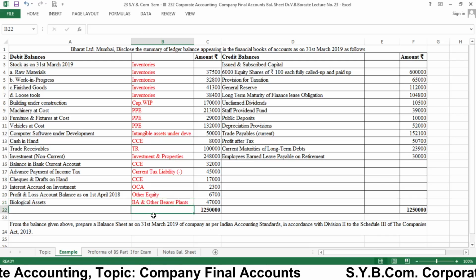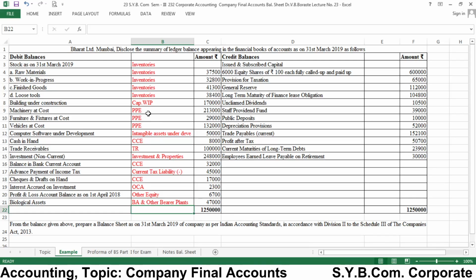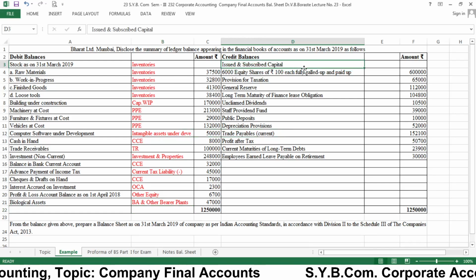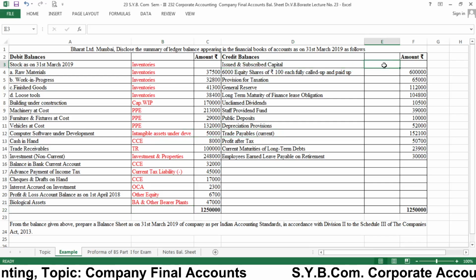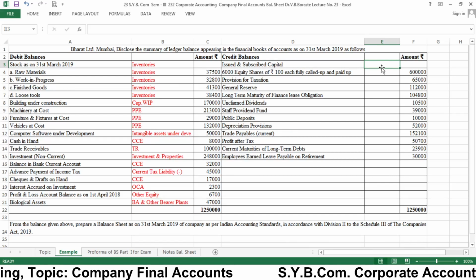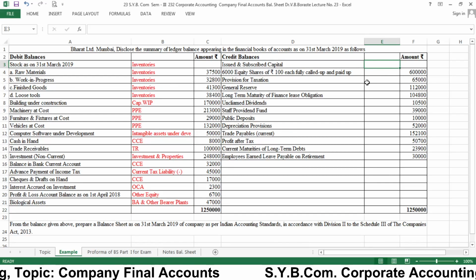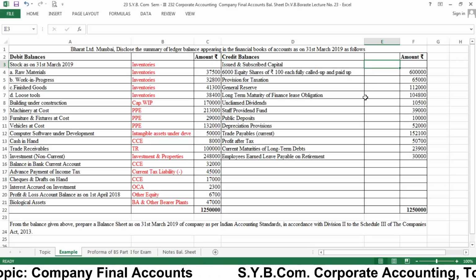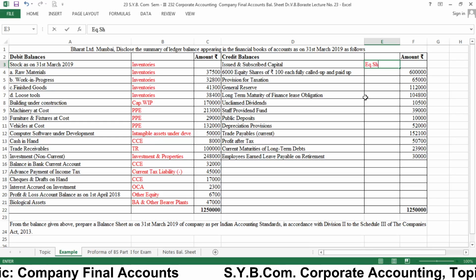So this is the debit side, or we can say debit balances, where we have to put. Now on the credit side, there are certain items for which we have to ascertain in which notes we have to post them. First one is issued and subscribed capital. As you know, it will be recorded in equity share capital.